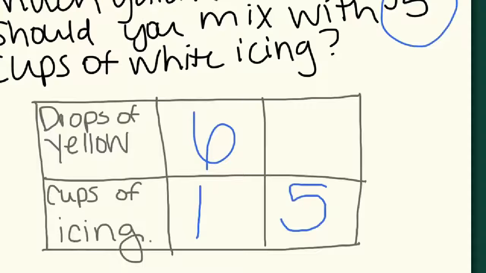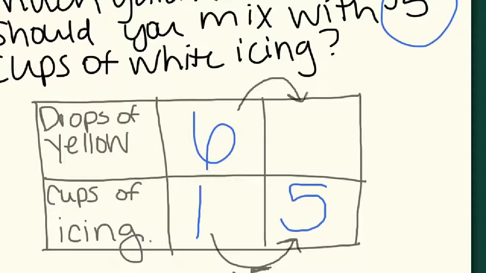Now what did I do to get from 1 to 5? If you said multiply this by 5, you are correct. And as I mentioned earlier, it's similar to fractions when we find a common denominator. What we do to the bottom, we have to do to the top. So what we're doing to the bottom of this table, we have to do to the top.